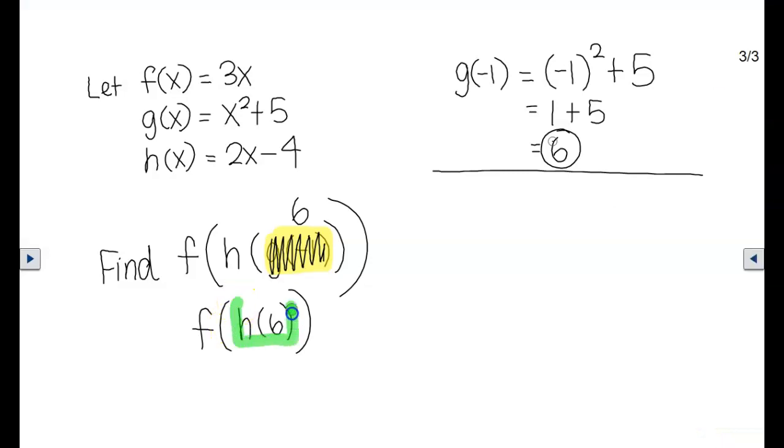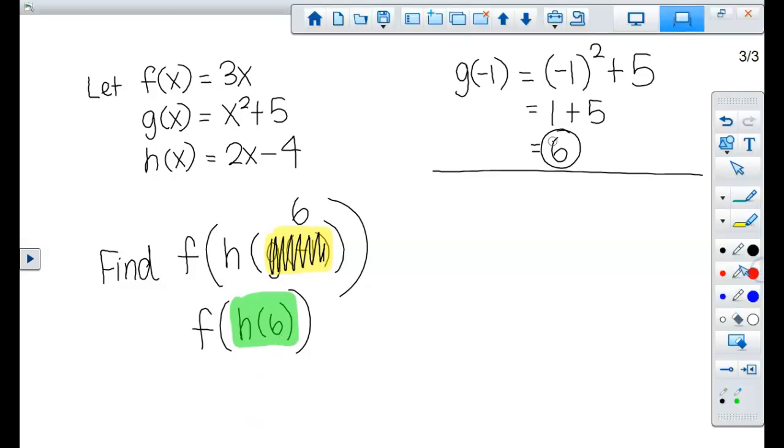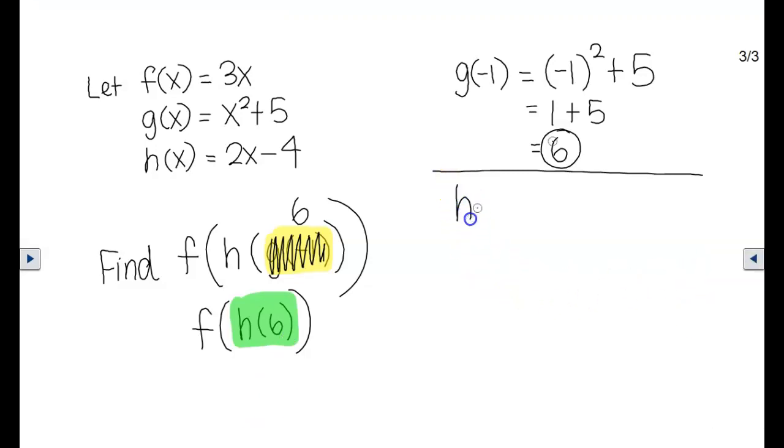So my innermost function now is the h function. And I can see that this is asking me to do h of 6. So that means take the function rule whose name is h, 2 times x minus 4, and input a 6 for the x. So this is going to be 2 times 6 minus 4.